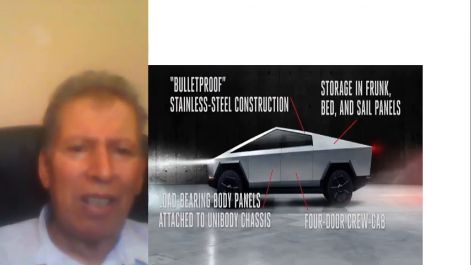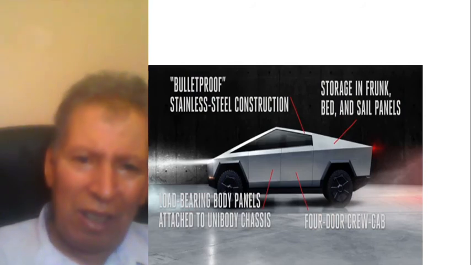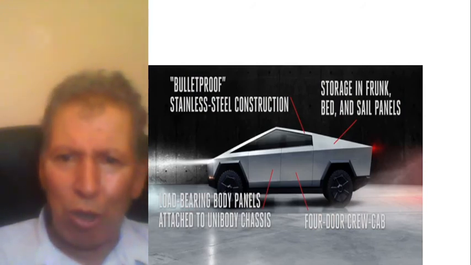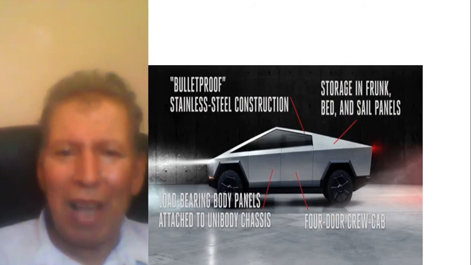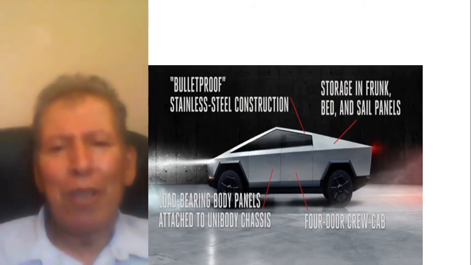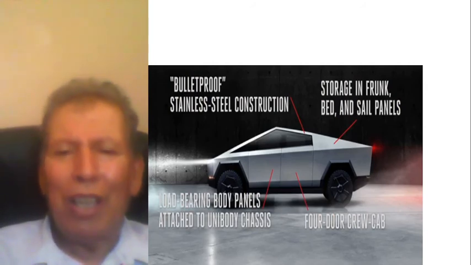Bulletproof stainless steel construction, as we said, steel as well, and the windows as well. Storage in trunk, bed, and sail panels. It looks like the trunk is small. It's not that small.